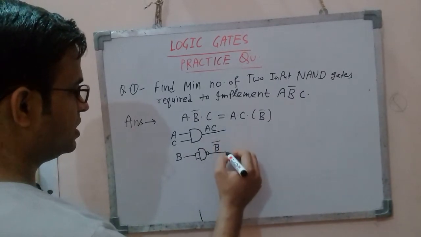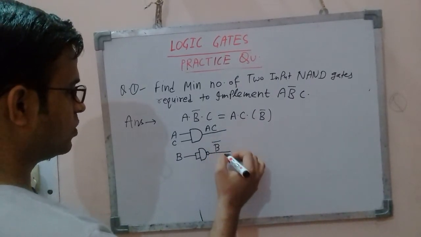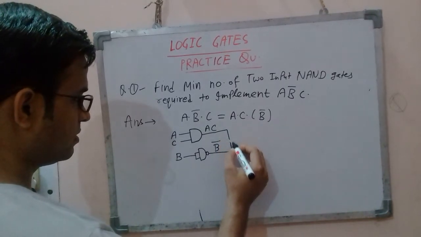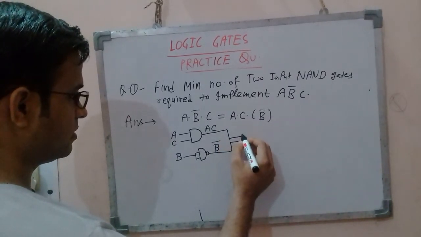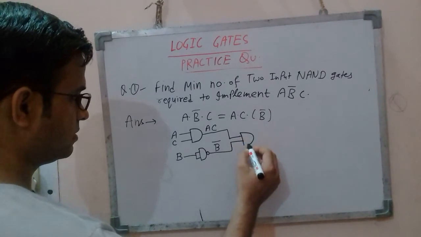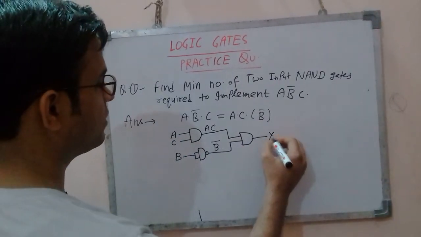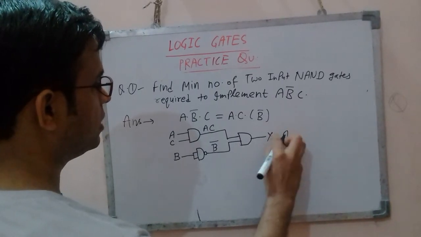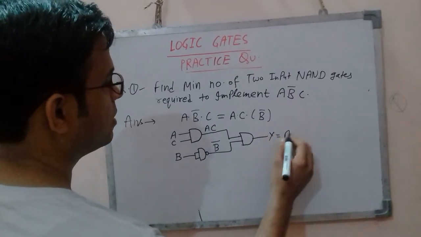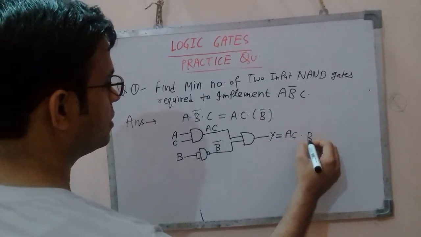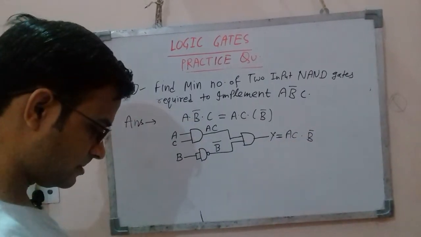Now pass the outputs of these two gates into another AND gate like this. What is the output now? Final output is Y is equal to AC and B bar. This is the output you will get, right?